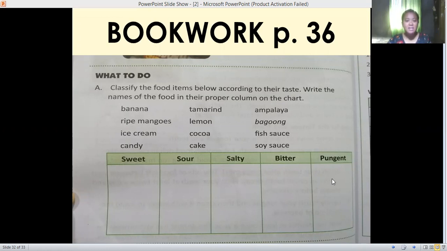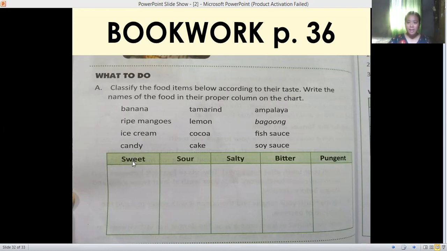Next is ice cream. Ice cream is sweet, sour, salty, bitter, or pungent. Next, number 4, candy.